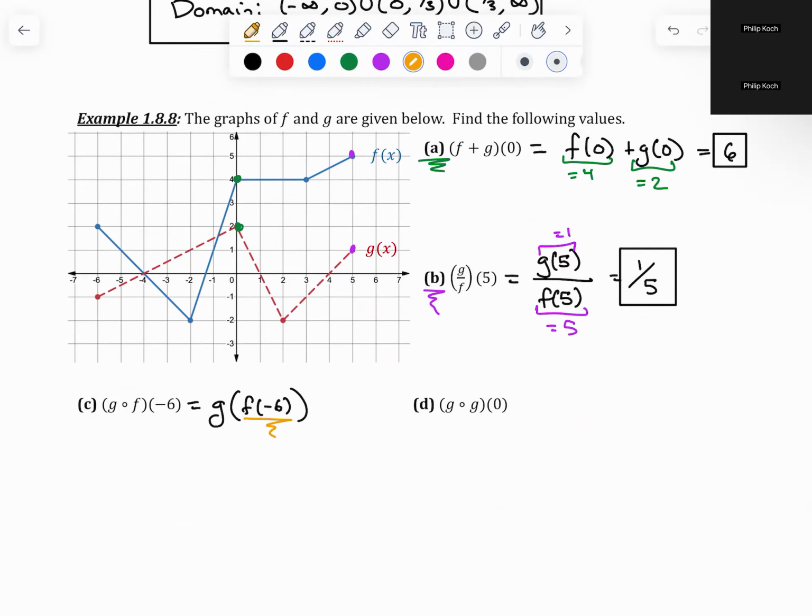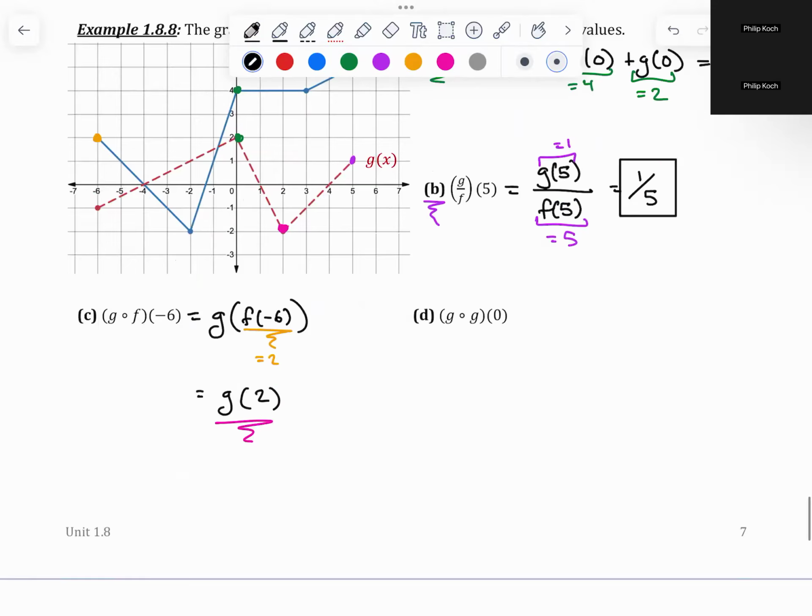It's the blue curve. f of -6 is 2. So this is equal to g of 2. And g of 2 is -2. A lot of definition chasing. A lot of looking at the graph to find things.